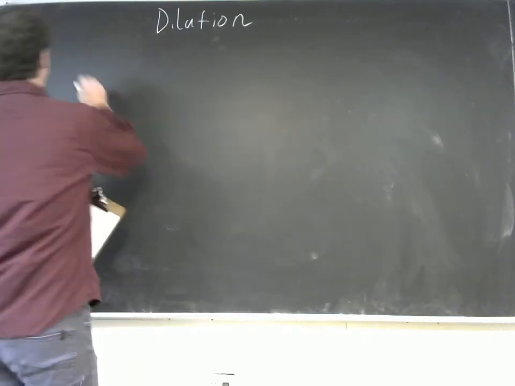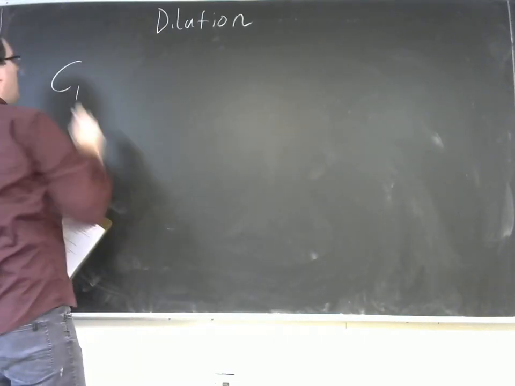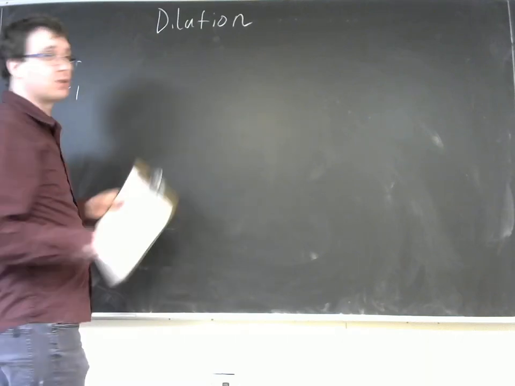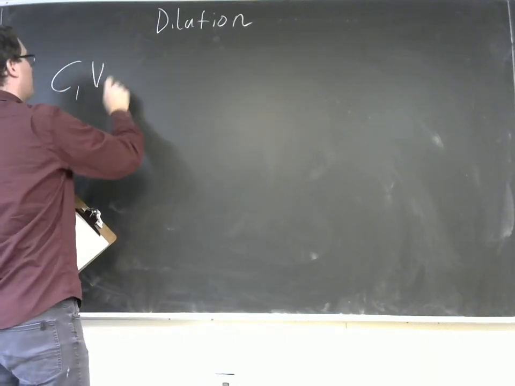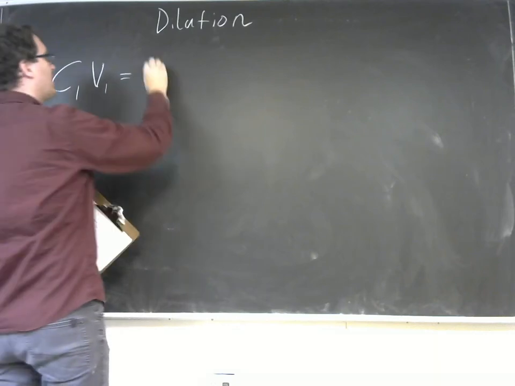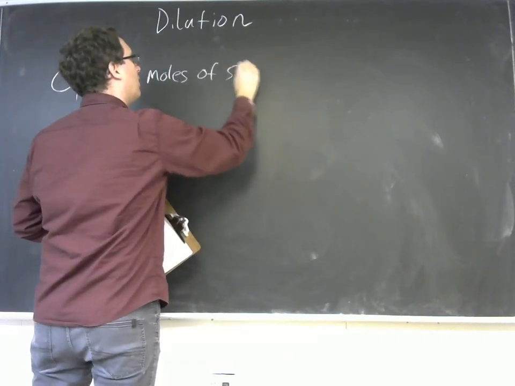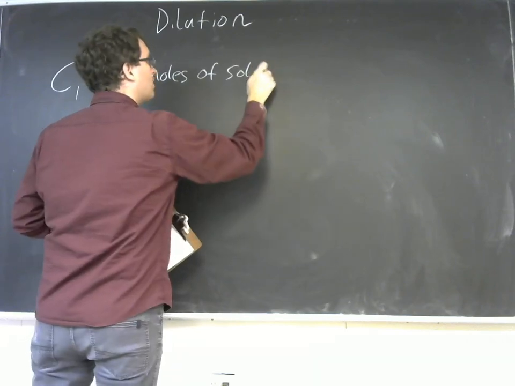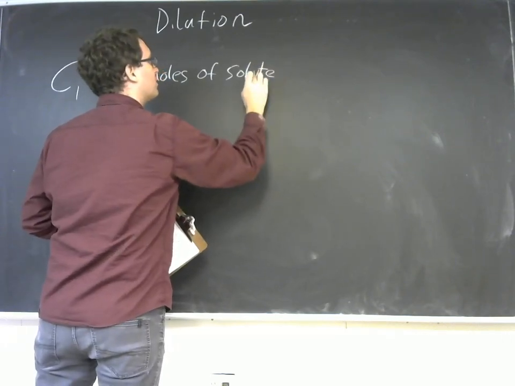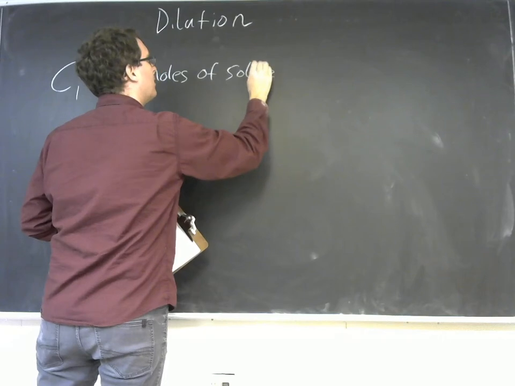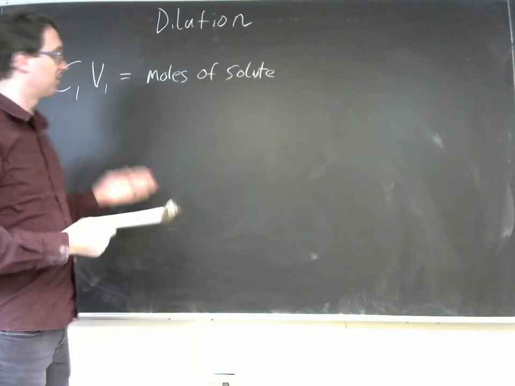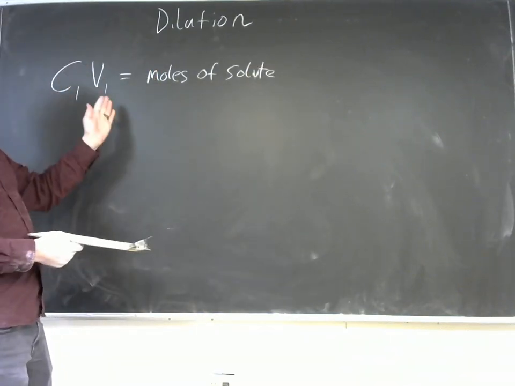So if I have the concentration under the initial conditions times the volume under the initial conditions, that's going to equal moles of solute. That is the moles of solute, the molar concentration times its volume.